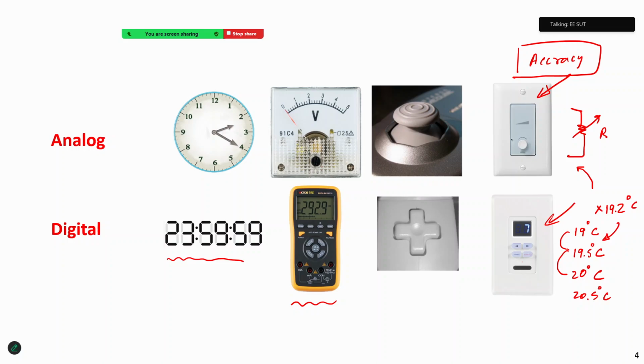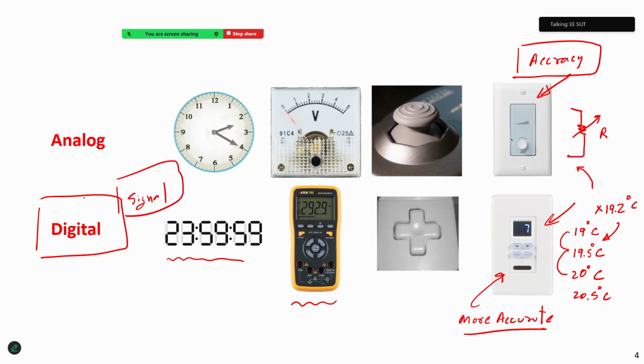It's stepwise, but sometimes it's more accurate, right? For this type of control system, nowadays people mostly use digital systems in real life, in industrial control systems, or even in your daily life, right? You're familiar with digital signals.